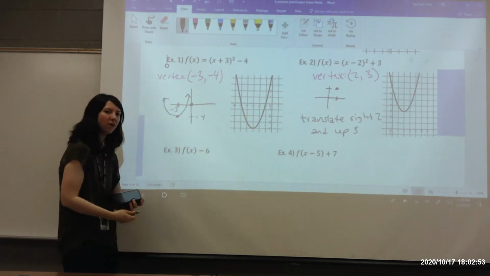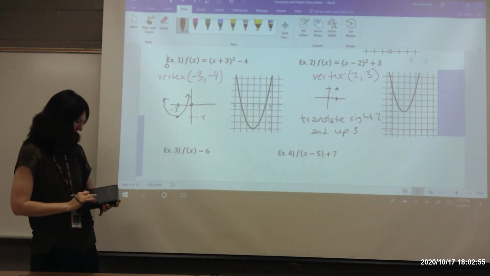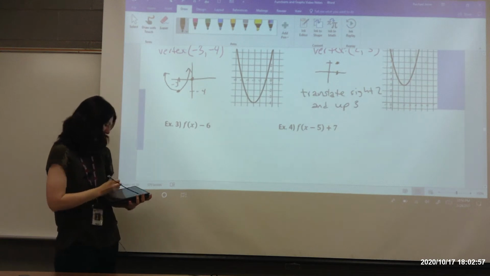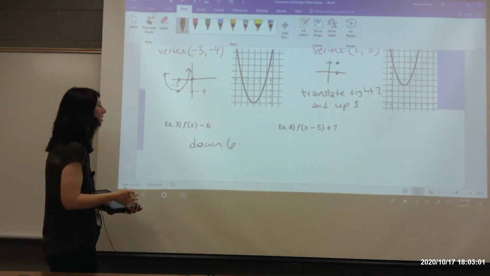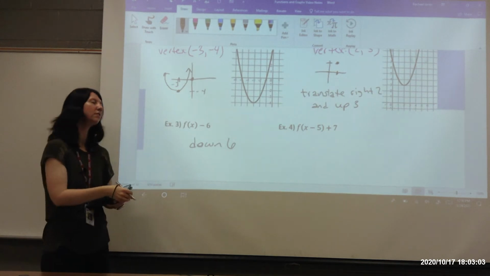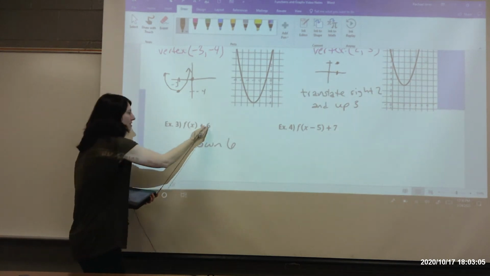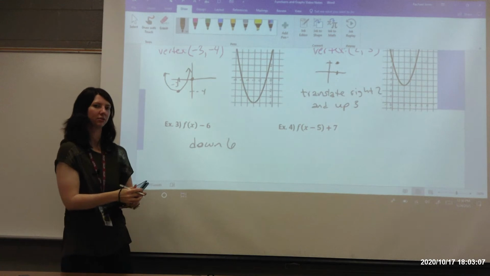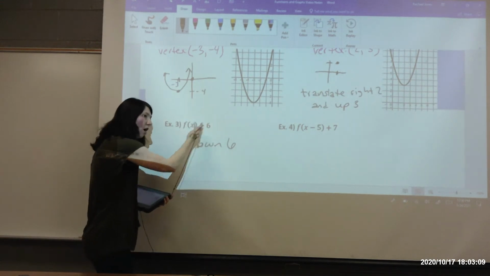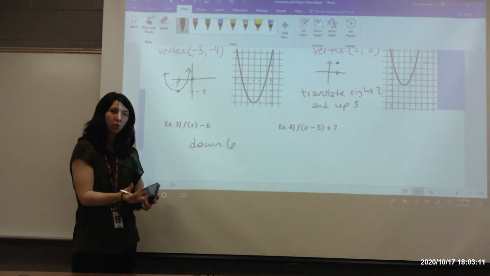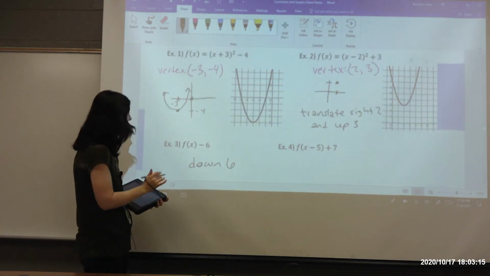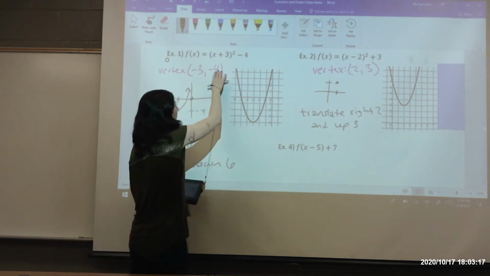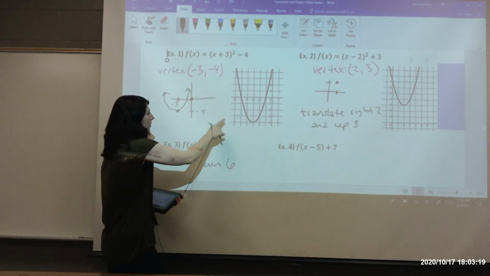So if our k value is -6, then that means that we went down 6 from the function f of x. Whatever this new function is, it's 6 lower than what f of x is. We're subtracting 6 from the function, and that's moving your y value. F of x is your y value. So it's doing the same thing as your -4 did up here. It moved you down 4.